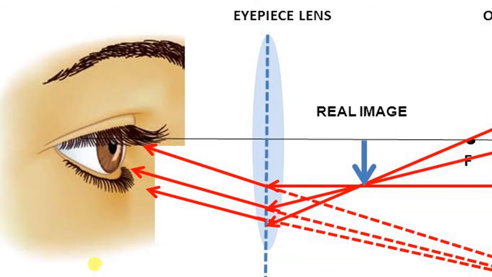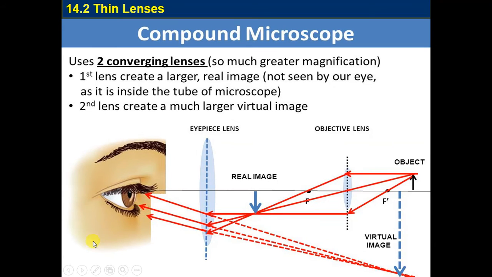Okay, so now, because we finished the first part, this one now is the object for the second lens. So this is the object, the rays coming from this object, look, when they pass through this lens, they bend, but they do not meet here.